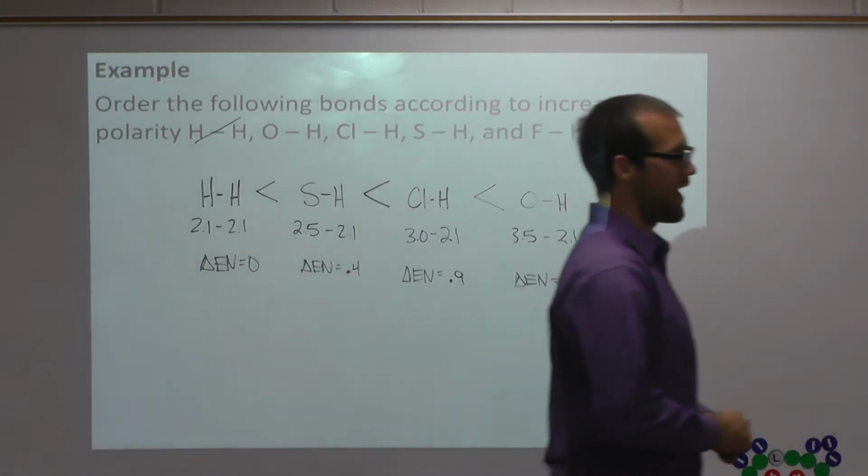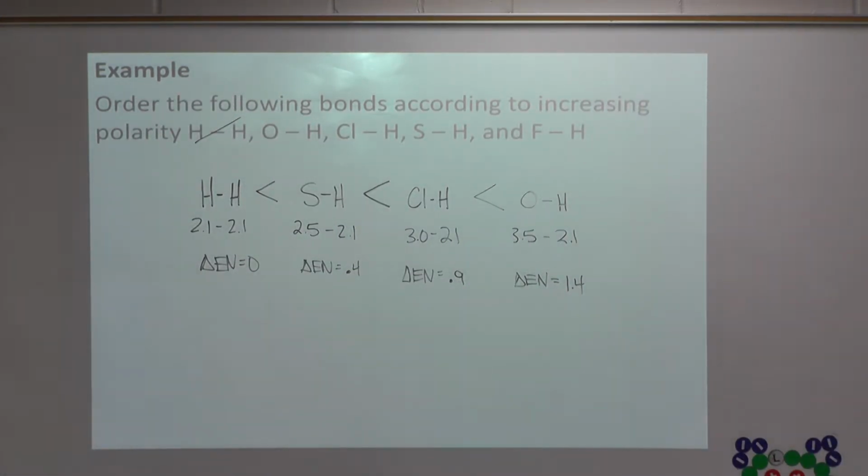Do you remember hydrogen bonding at all? A little bit. It's the strongest type of intermolecular force, and it's when hydrogen bonds with three elements. Do you remember which three elements? Oxygen, nitrogen, and fluorine. NOF. You remember the NOF? These are the three most electronegative elements on the periodic table.